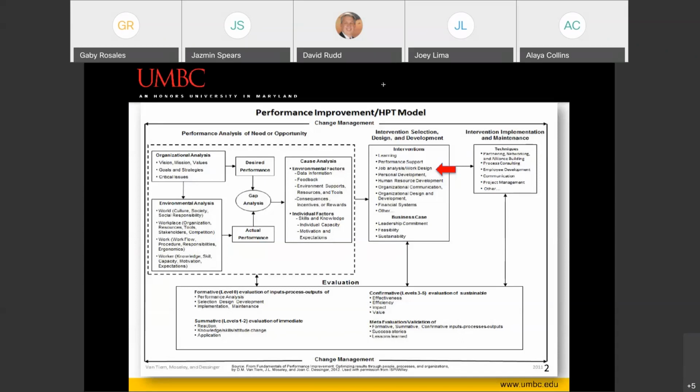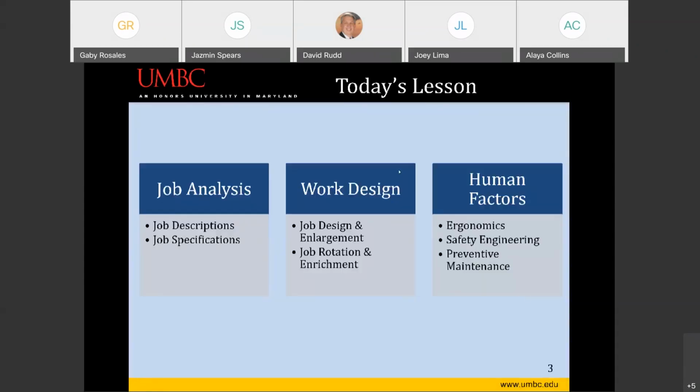So what are we going to do today? We're going to be looking at three different areas. First, job analysis, where we're going to first understand what job analysis is, but we're also going to look at job descriptions and job specifications, which are outputs of the job analysis.